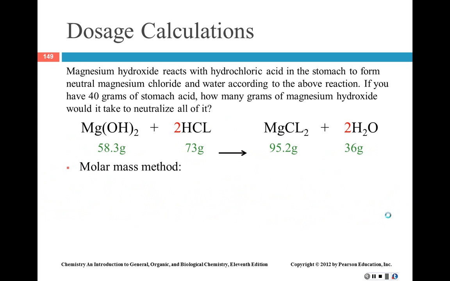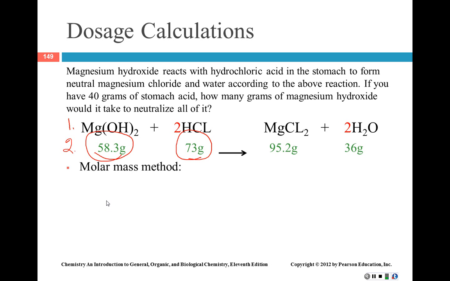Now, the molar mass method, or this desired over have times quantity, I have figured out the two things I was looking at was this and this. I do have to balance the equation so I see how many grams there are, so I do have to do that step, and then I do this step. Now all I have to do is say, okay, what do I have?